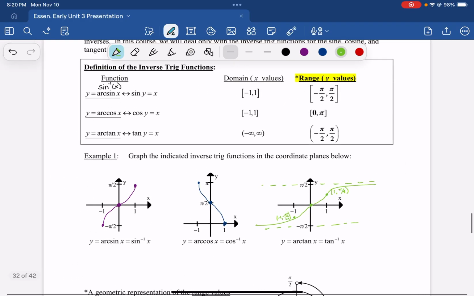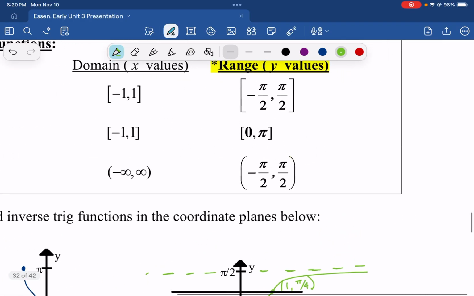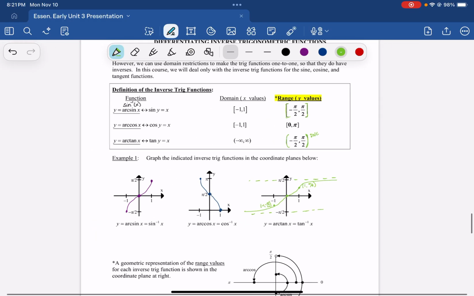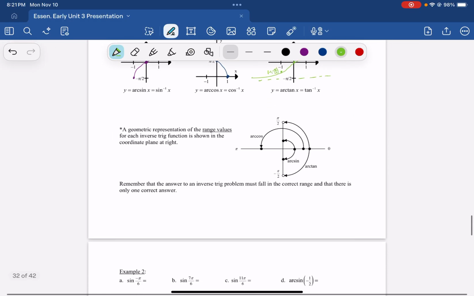The parenthesis means it does not contain that value, whereas the brackets, like on arc sine, mean those values are included.